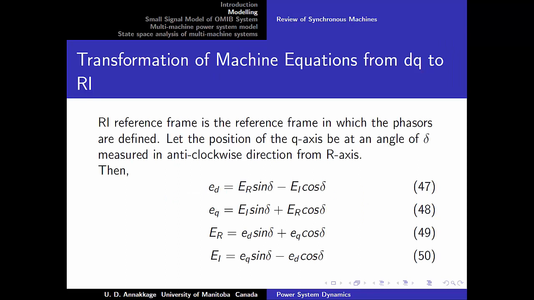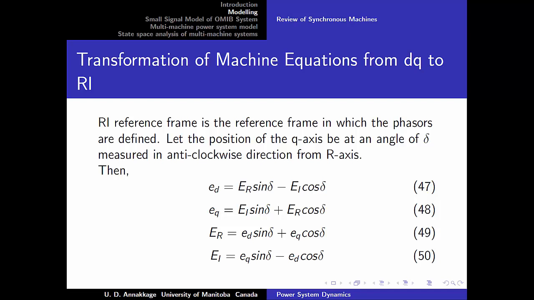Now that we have derived the differential equation for the flux in the field winding, the next thing we need is the relationship between terminal voltages and current in terms of the variables of the machine. Let's take the position of the Q axis to be at an angle delta measured in the anti-clockwise direction from the R axis, the real axis.